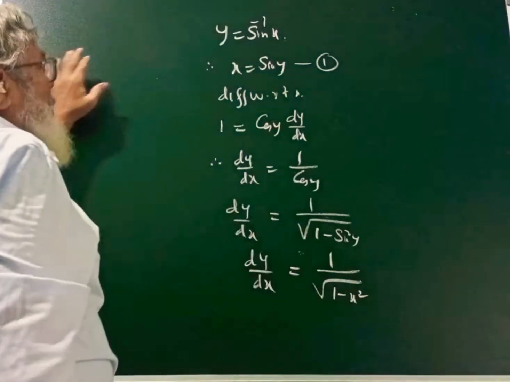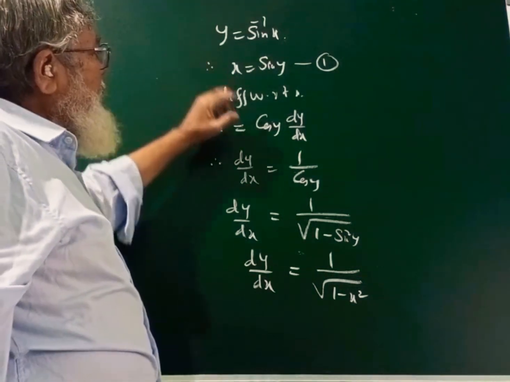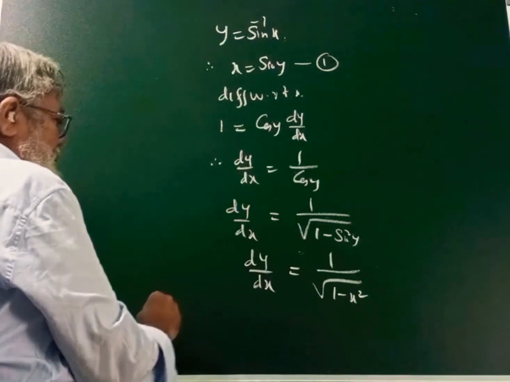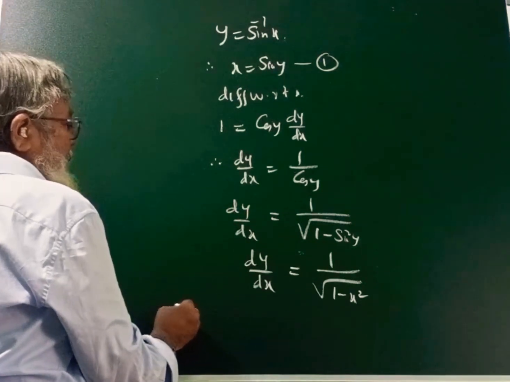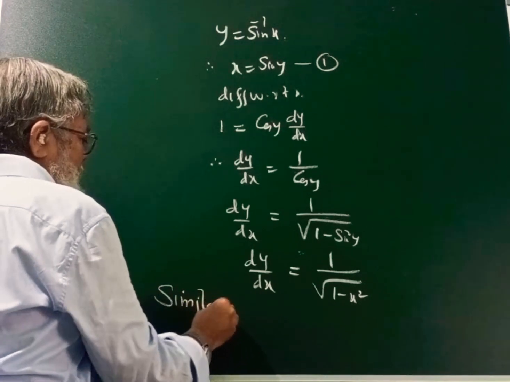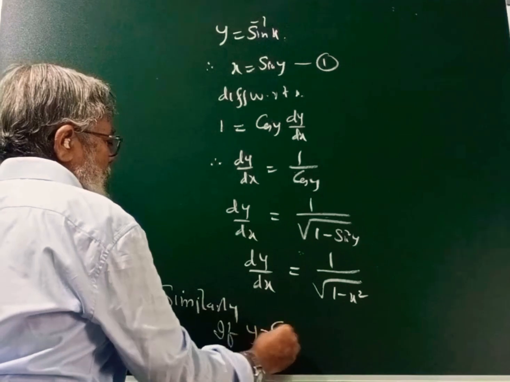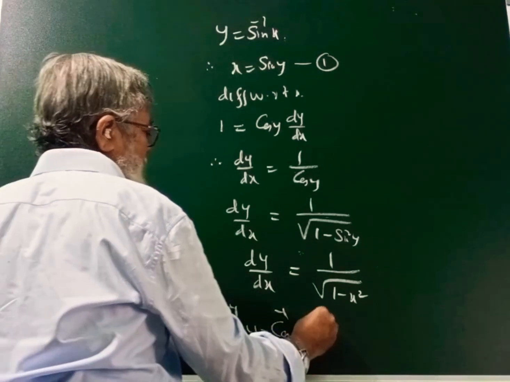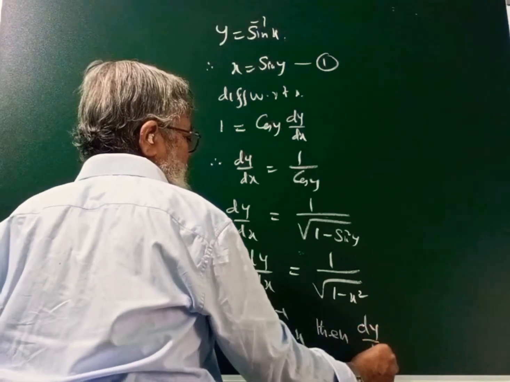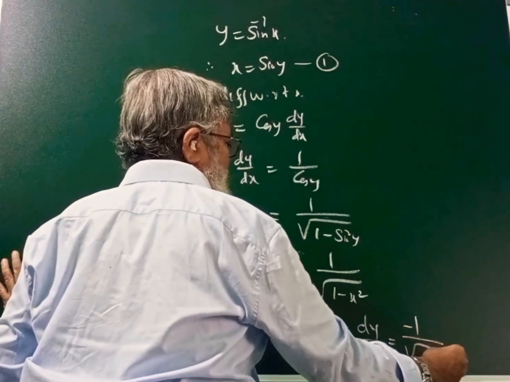Now, for the cos inverse, directly we have differentiation of cos y is minus sin y. Therefore, similarly, if y is equal to cos inverse x, then dy by dx is equal to minus 1 by under root 1 minus x square.